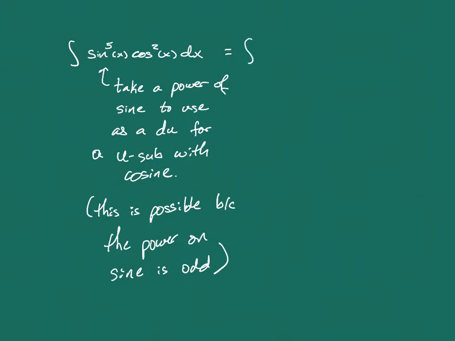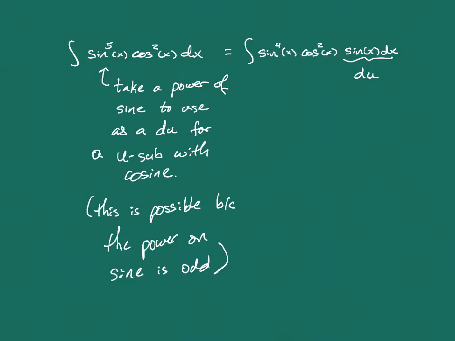So let's take out a power of sine. If we take out 1 power of sine, that leaves us sine to the 4th power. Then we've got our cosine squared, and then we've got our power of sine that we took out. So this part, looking forward, is going to become our du when we do our u substitution.